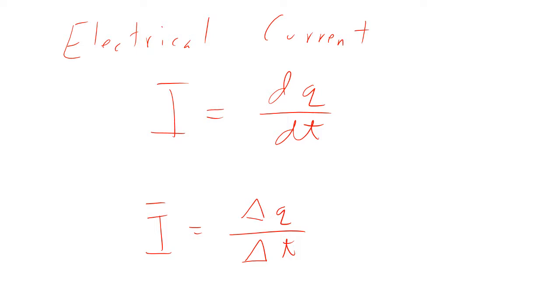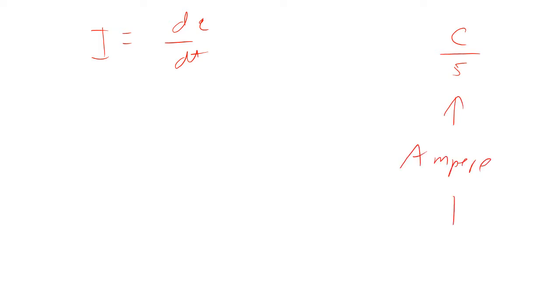So the basic unit of electrical current: if I is dq/dt, that's going to be a coulomb per second. A coulomb per second we call an ampere. The symbol for ampere is A. So an ampere is a coulomb per second. We often abbreviate ampere as an amp, because that's hard to say.